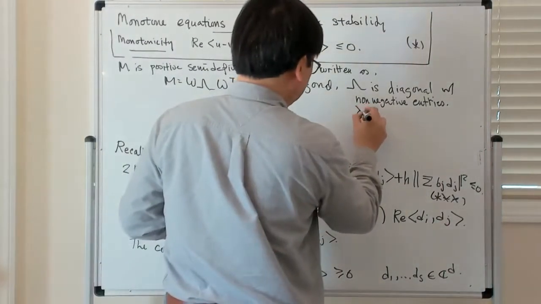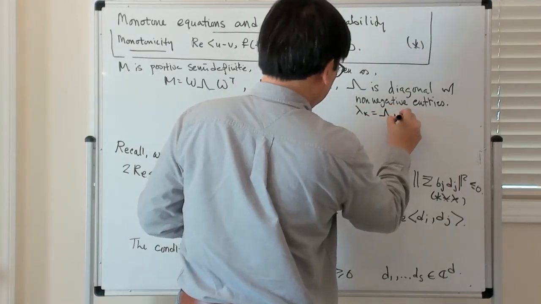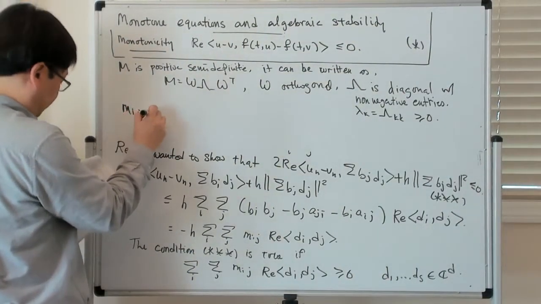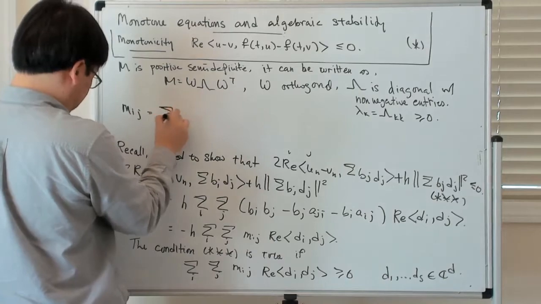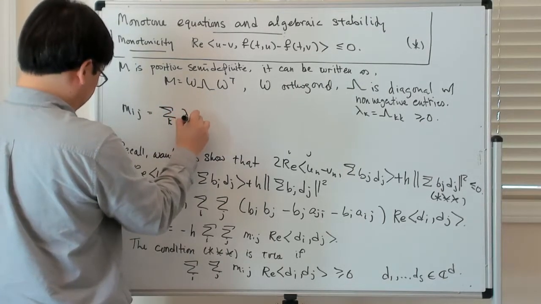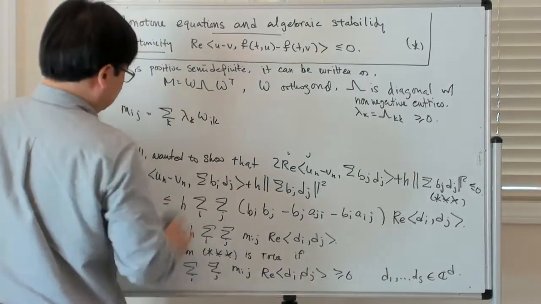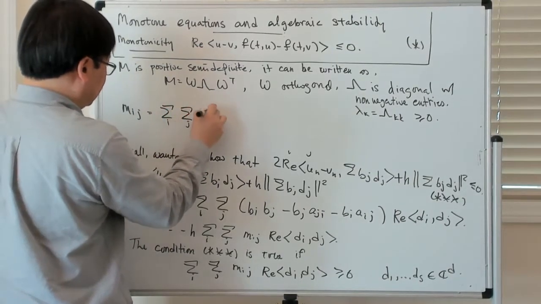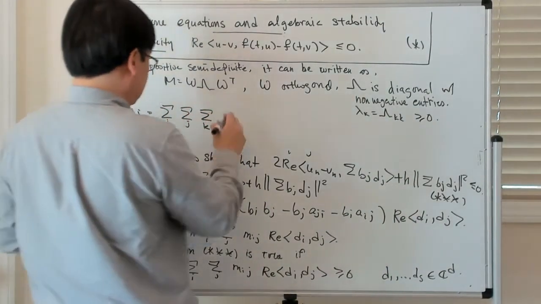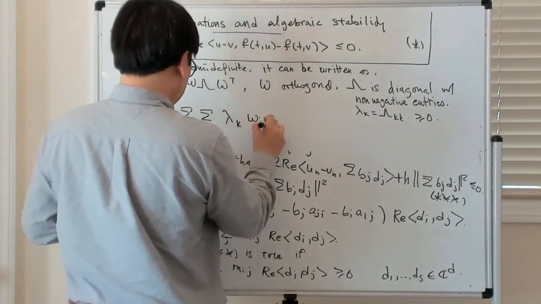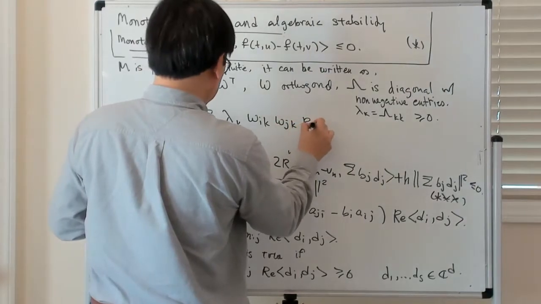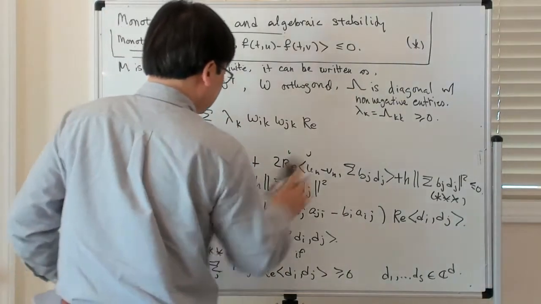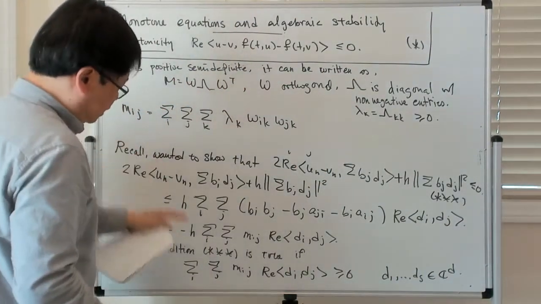So that means that lambda_k, which is just lambda_kk, is greater than or equal to 0. So m_ij is nothing more than the sum over k of lambda_k w_ik w_jk. Right, so that's what m_ij is, and then we want to substitute that into this expression.